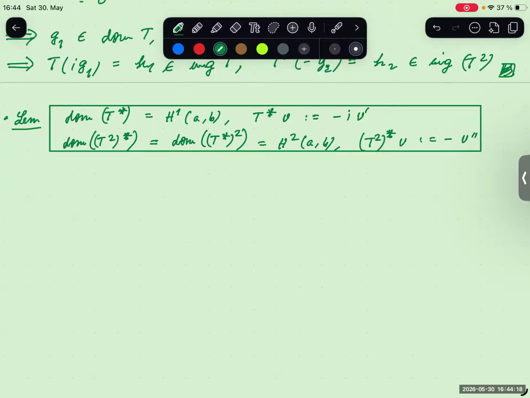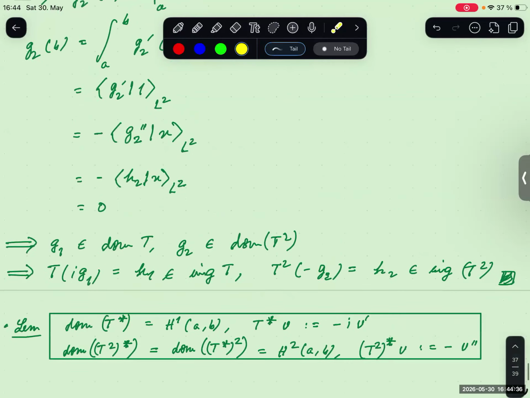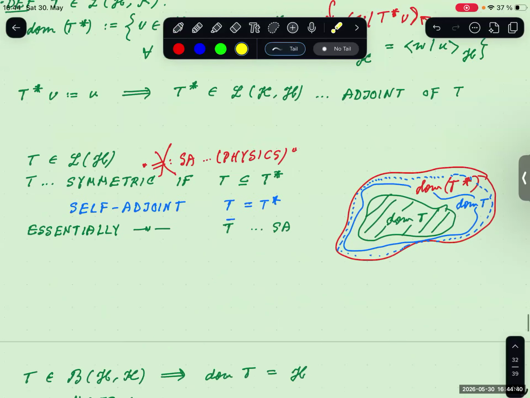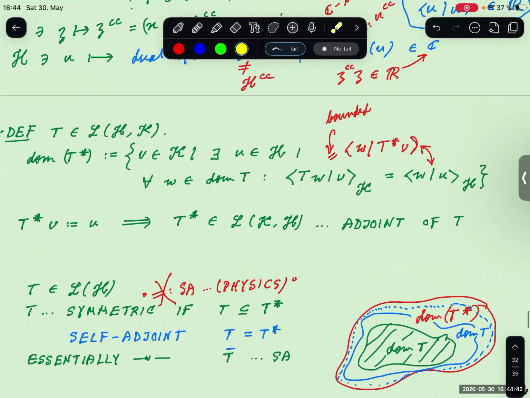Before proving it, I think this is the first instance where we are computing or observing the domain of an adjoint explicitly. Let's contemplate a bit. What we started with here is the general definition of the domain of an adjoint of an operator.